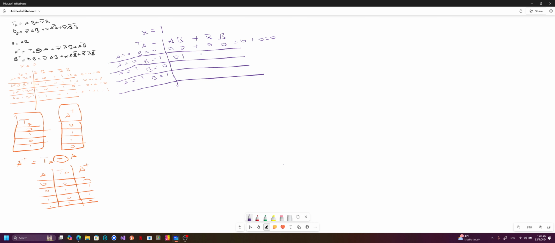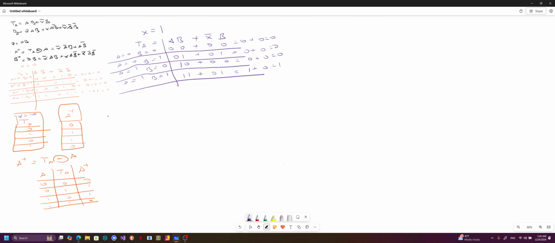A is 0, B is 1, plus 0 and 1, which is 0, so 0 or 0 is 0. 1, 0 plus 0, 0 equals 0 or 0 equals to 0. 1 and 1 plus 0 and 1. 1 and 1 is 1. 0 and 1 is 0. 1 or 0 is 1. So we have the TA table.